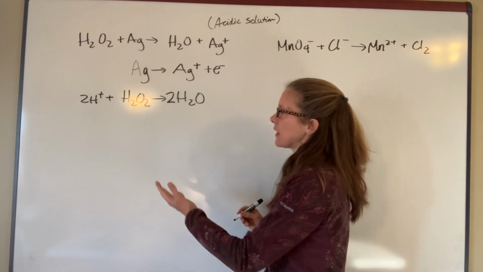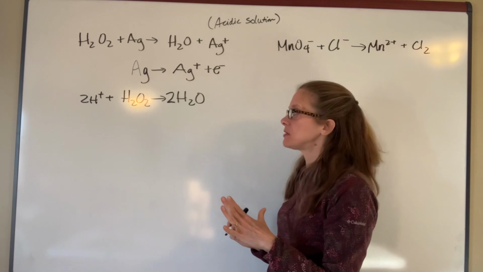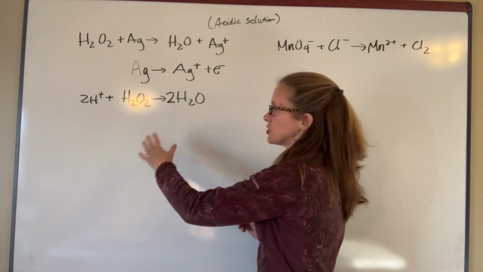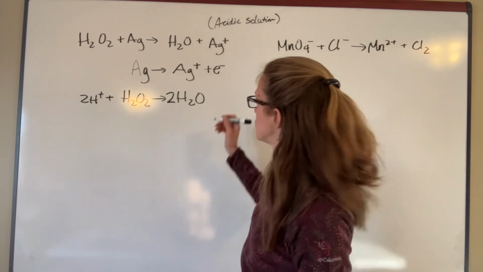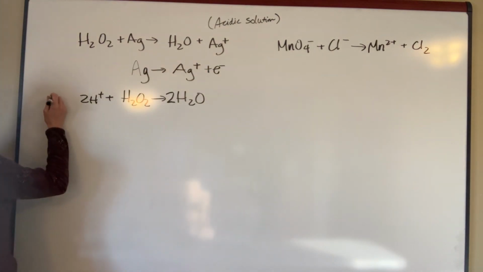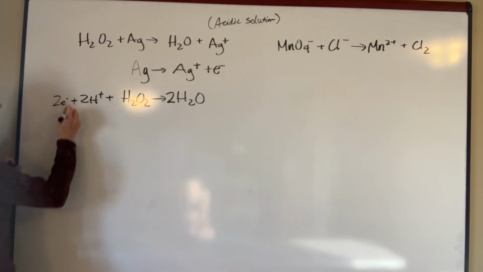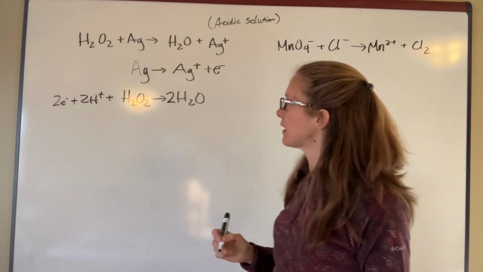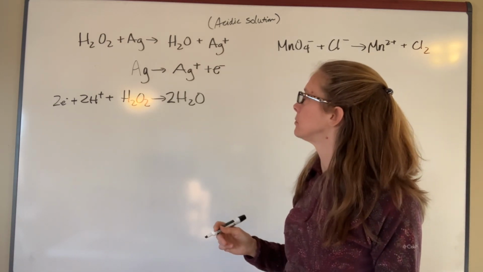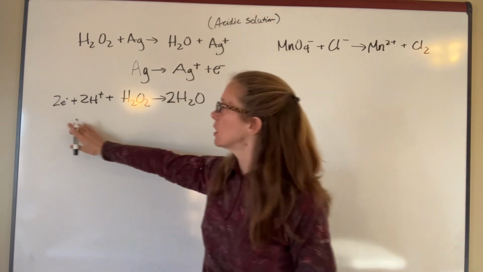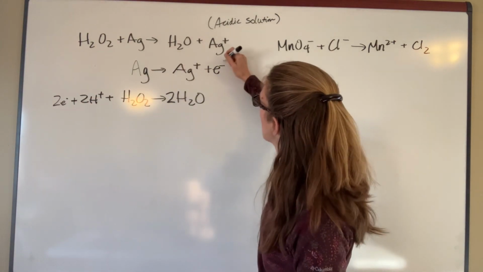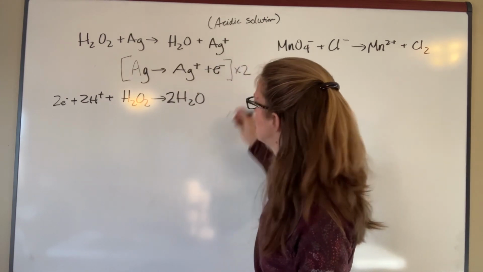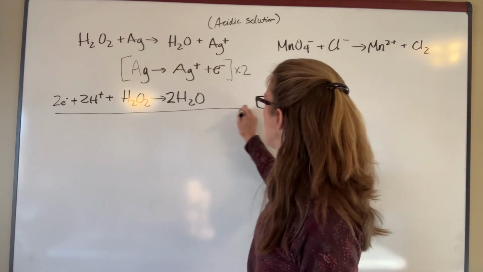Okay, now that I have all the atoms balanced, now I need to balance charge. So I have hydrogen ions here, and I have 2 of them. So to balance the charge, I'm also going to have to go in and add 2 electrons to that side, okay? So now I have my atoms balanced and I have my charges balanced on the bottom. I've got 1 electron here and 2 electrons down here. So that means I'm going to take this entire thing and multiply it by 2, okay?